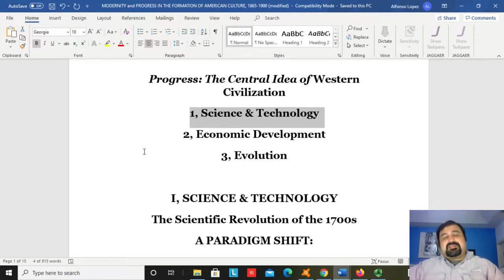And technology means tool and tool making. So technology really refers to the tools that societies use and the knowledge to craft them that enables them to survive better in the environment. So science and technology is going to be critical in this topic because we're going to analyze it very, very fully, in that this is what people during those times considered to be fundamental for creating a whole new world, that progress has to take place in the realm of science and technology.